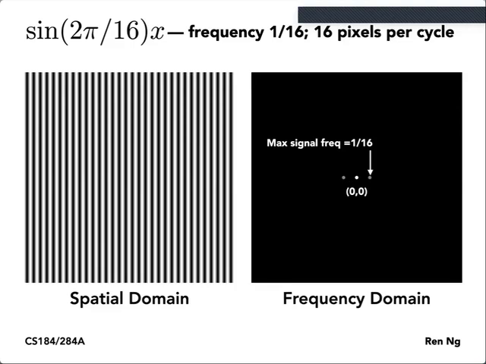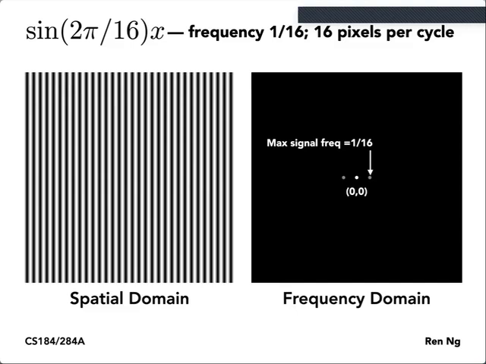The way I want you to think about it intuitively, after that we sort of have to get into the math, which I'm happy to do in office hours, is that the variation in this case in the spatial domain, where is the variation happening? It's happening in the horizontal direction. In fact, if you think about it vertically at any particular x location, there is no variation. It's constant. It's either white or it's black vertically. All the frequency variation in this signal on the left-hand side is happening in the horizontal direction.